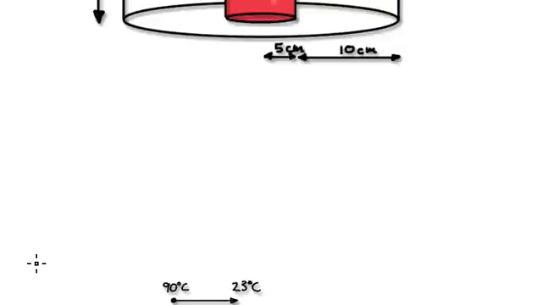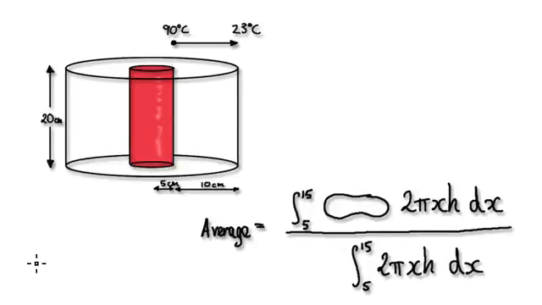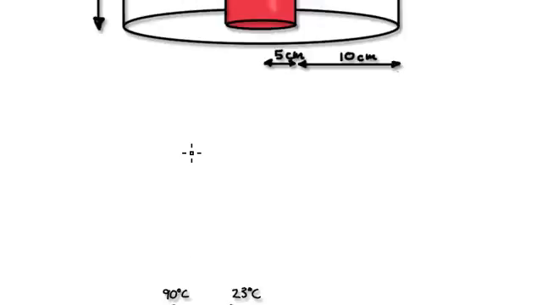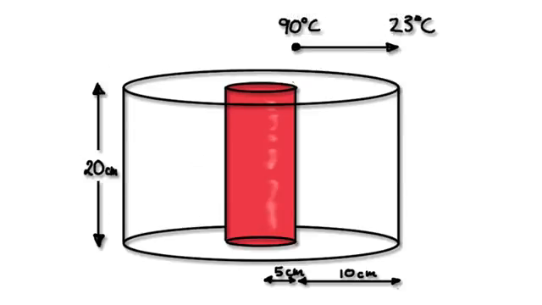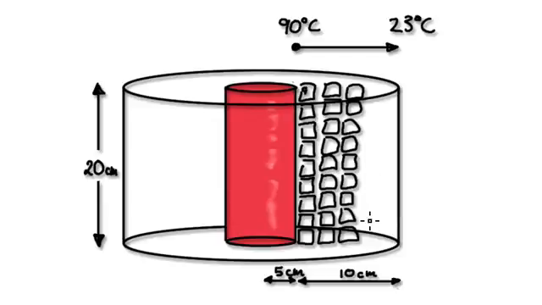Okay, so to do this, we really want to sum up the cylinders. We can't really use discs, because if you think about it, if you use discs, then the temperature is changing all the time. But if you sum it up using cylinders, then this here is 90, 90.